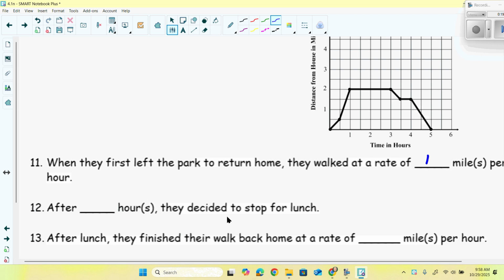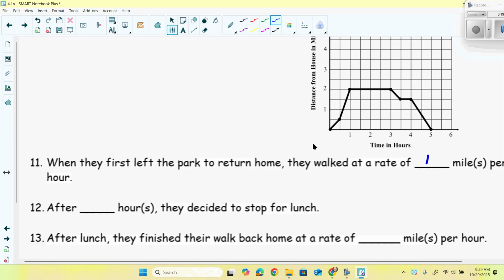After how many hours did they decide to stop for lunch? Well, so this was, let's get there faster. We're here enjoying it. Okay, time to go home. Okay, I'm tired or I'm hungry. So I'm going to say this interval from 3.5 to 4 hours. So at 3.5 hours, they decided to stop for lunch.